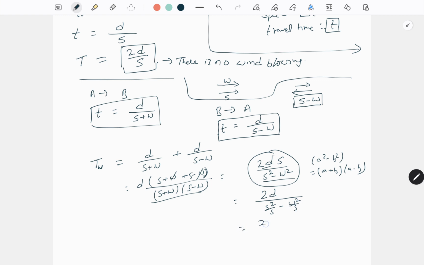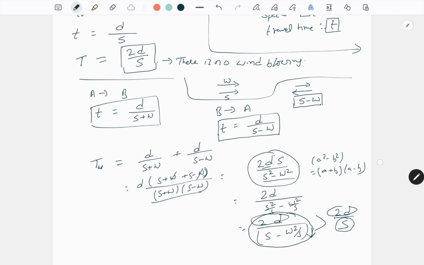Now we have 2d divided by s minus w square by s, and the earlier time we had is 2d by s. Now if you see, the numerator part is exactly the same, and the denominator here is decreased. Whenever the denominator decreases, the overall value of the fraction increases.